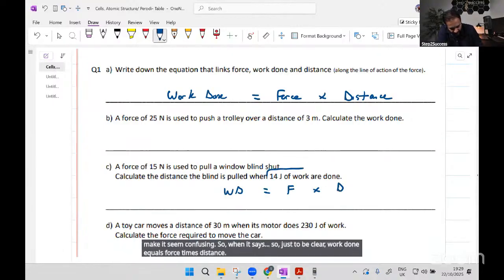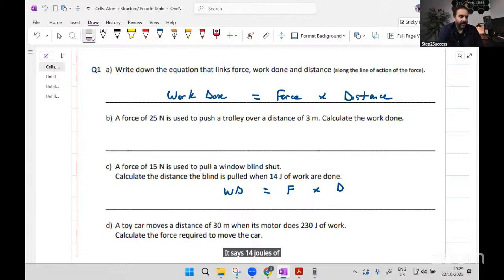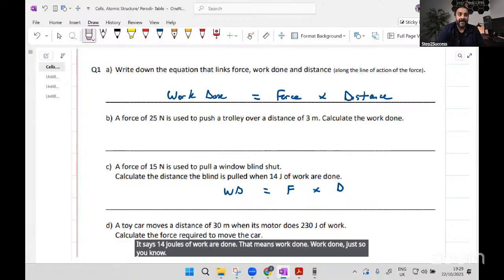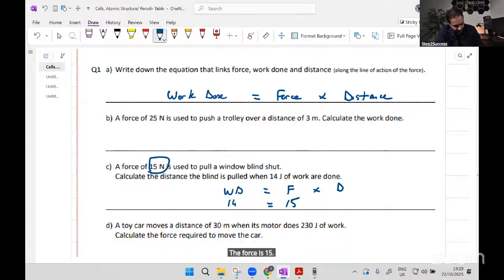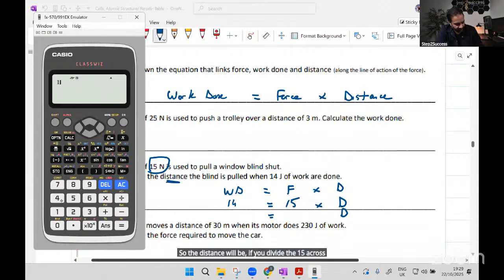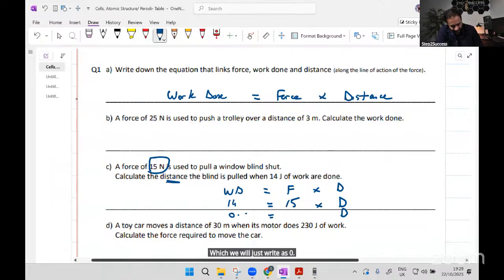It says 14 joules of work are done. That means work done. Work done is just the same as energy. That's actually all it is, hence the same unit for energy. So 14 equals, the force is 15, and the question is calculate the distance. So the distance will be 14 divided by 15, which we will just write as 0.9. It's enough for that.